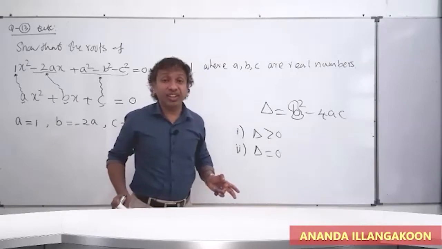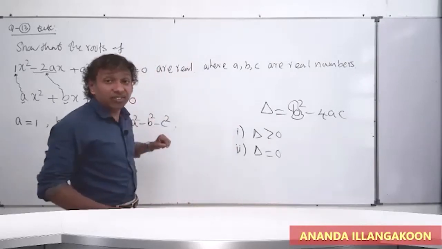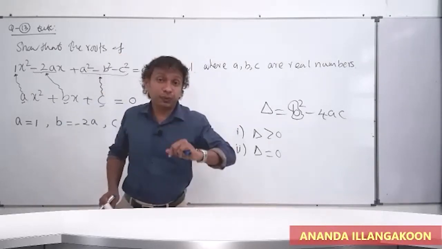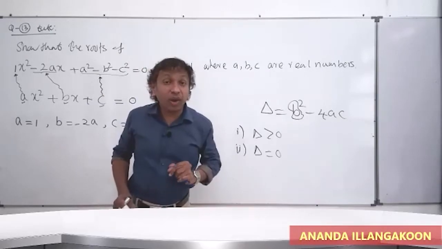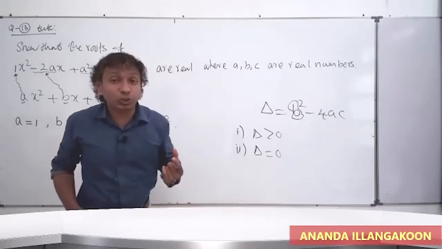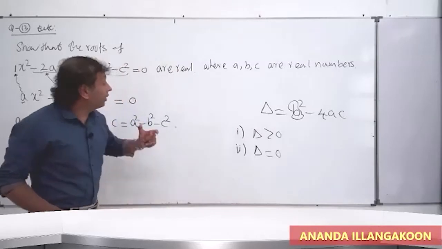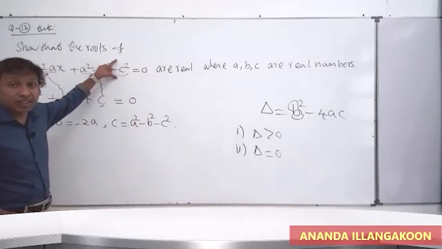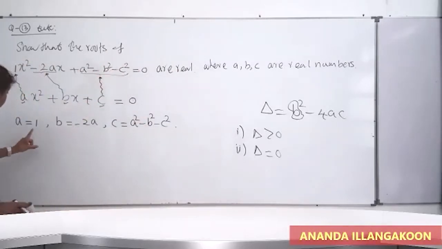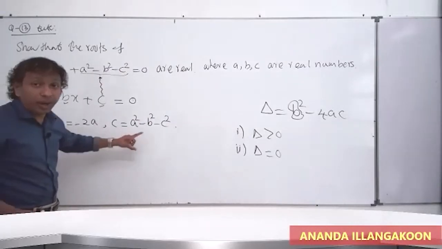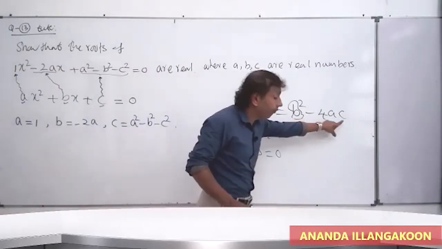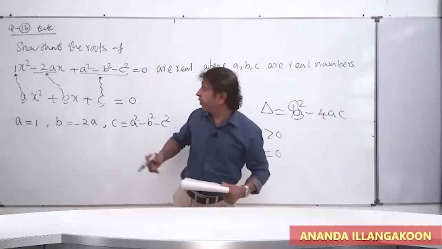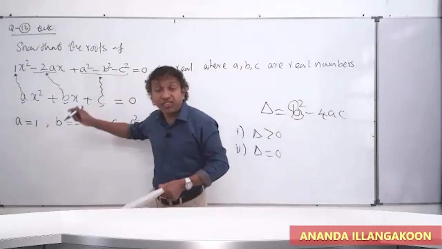Then only we can say this quadratic equation has real roots. Now our aim is what, people? We find the discriminant of this quadratic equation with the help of this A value, B value, and C value, putting them here. Then we get the discriminant of this specific quadratic equation.